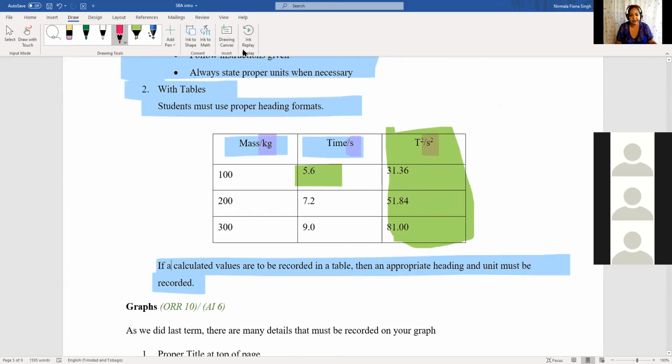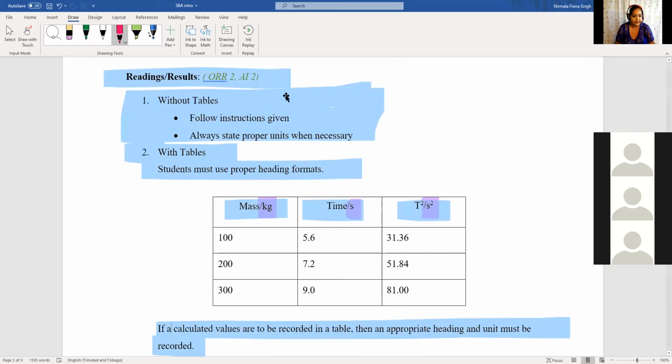So you did 5.6 squared, and you write the answer to 2 decimal places, always to 2 decimal places: 31.36. Anytime you have to put calculated values in your tables, make sure to put the right headings. But I usually give you the right headings anyway. So let's go through that.